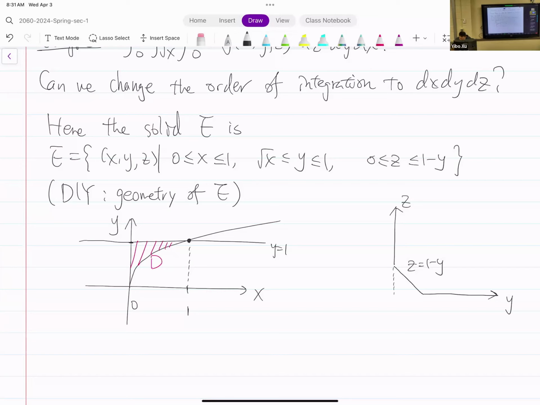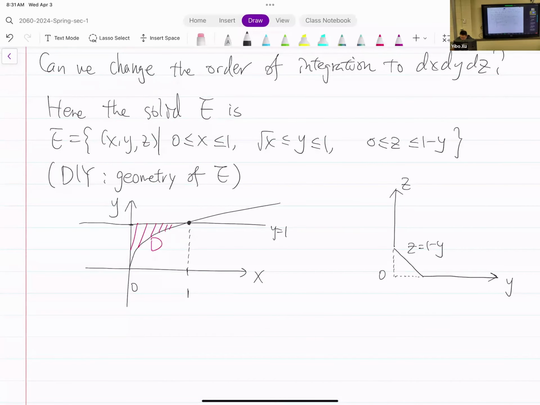And let me fill out the axes and the origin. Here I'm doing the shading because I want to also include the x-axis, and the x-axis is actually pointing towards yourself. So basically here, this is the upper bounding plane, z equals 1 minus y.